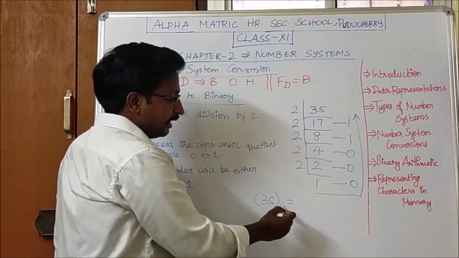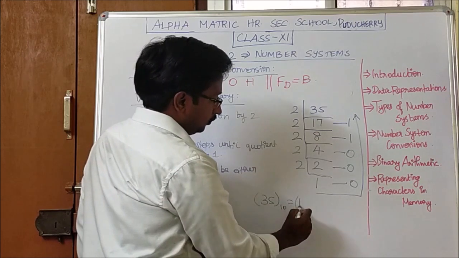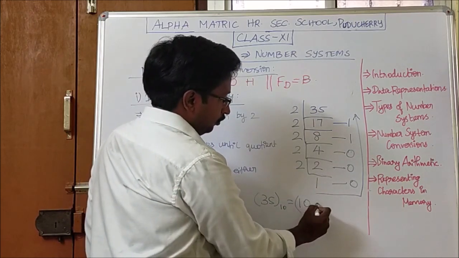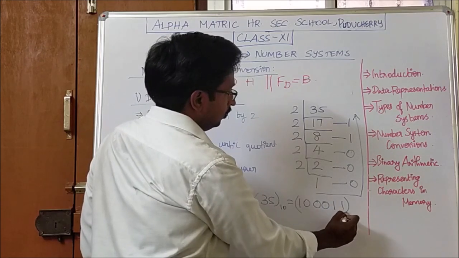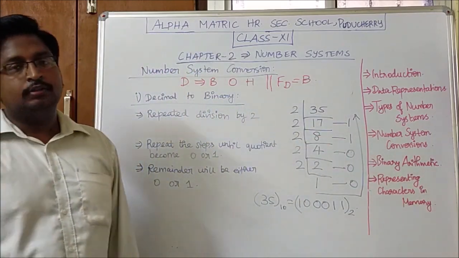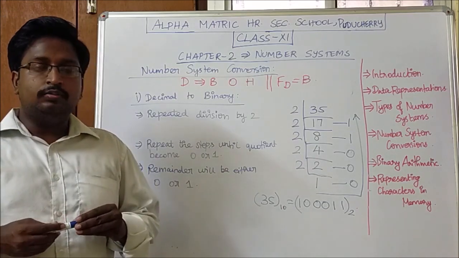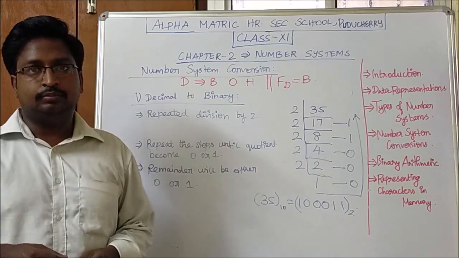Whenever you write the answer, the radix is most important. From the quotient part: 1, 0, 0, 0, 1, 1, and this radix is 2. So this is how we have to convert the decimal into binary.